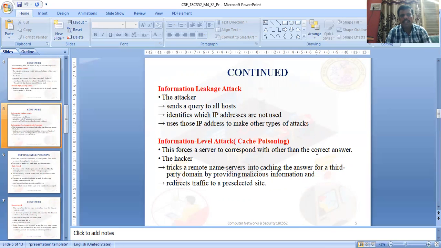Whichever site is selected, the packet is redirected there once the address is typed. Information will go to that website, which collects confidential information, for example banking details, your account, passwords, and transactions, everything will be accessed by the hackers. That is what we call cache poisoning.